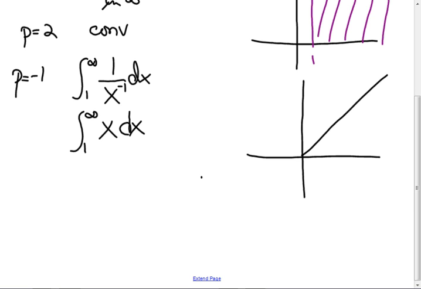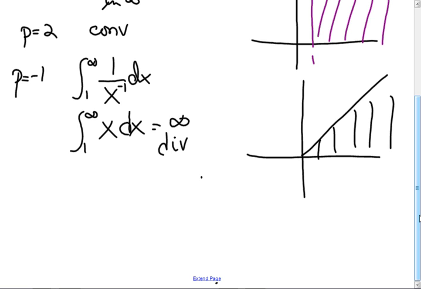What's true about that area? It's getting bigger. So if p is less than 0, it's certainly not going to converge. Where do you think the dividing point is? 1. That's right. So put this in your notes.